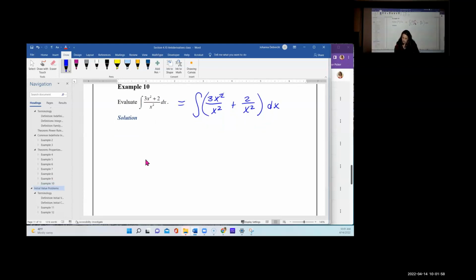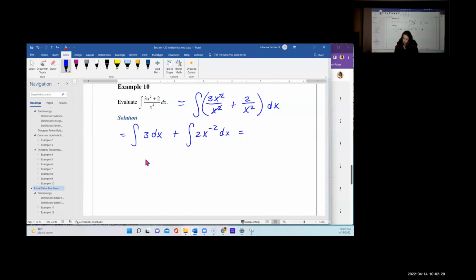Now x squared divided by x squared cancels, so the first one becomes the integral of 3 dx. The 3 could be pulled outside if you want to. And then the next one is 2 divided by x squared, but I can instead write it as 2x to the -2 dx.